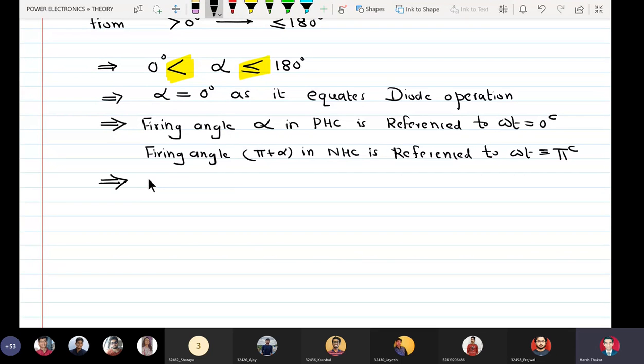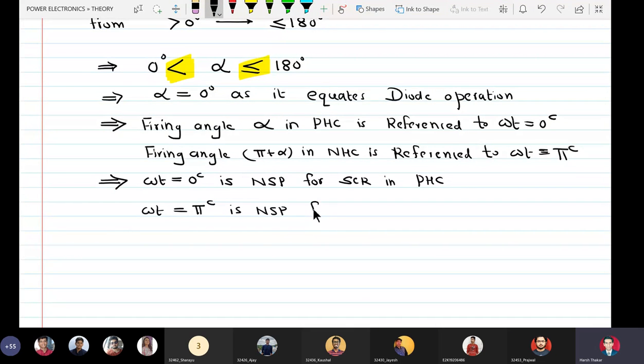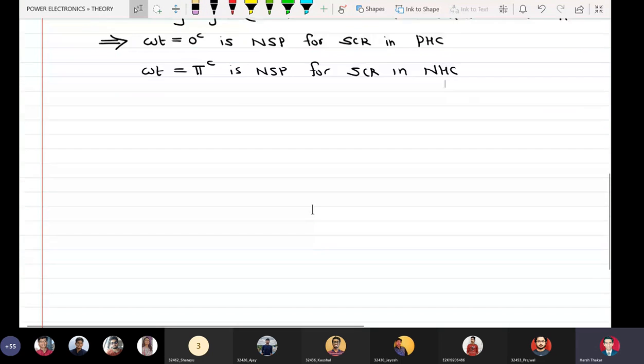So we say omega t equal to 0 is the natural switching point for SCR in the positive half cycle, while omega t equal to pi radians is the natural switching point for SCRs in the negative half cycle.